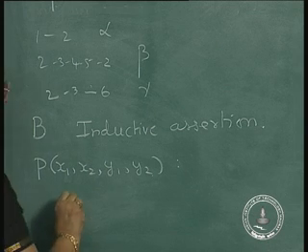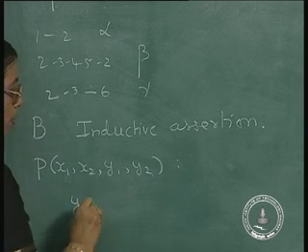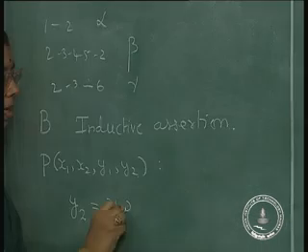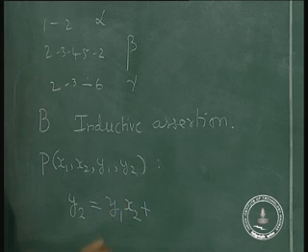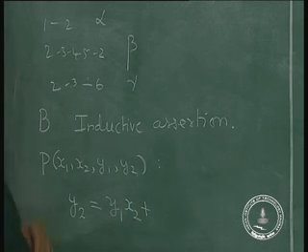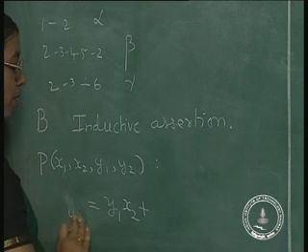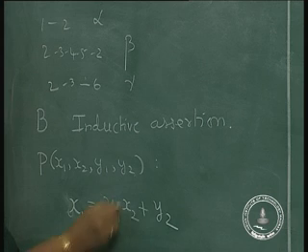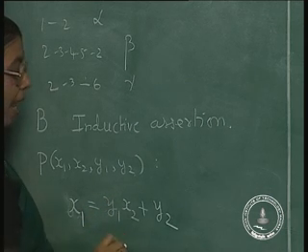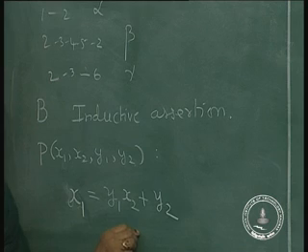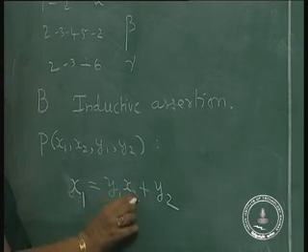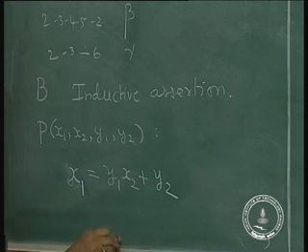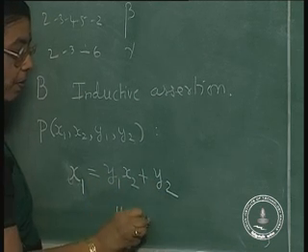So, x1 is equal to y1 times x2 plus y2, that is, you have subtracted x2 from x1 a finite number of times and the remainder portion is y2, and y2 should be greater than or equal to 0.